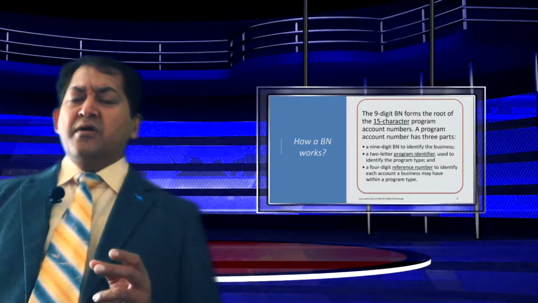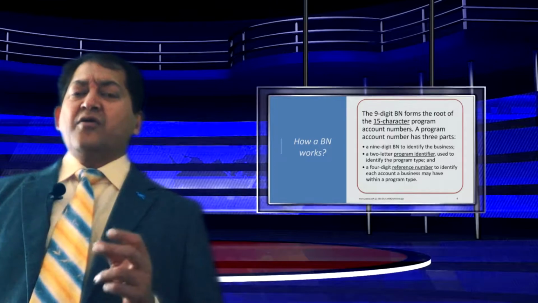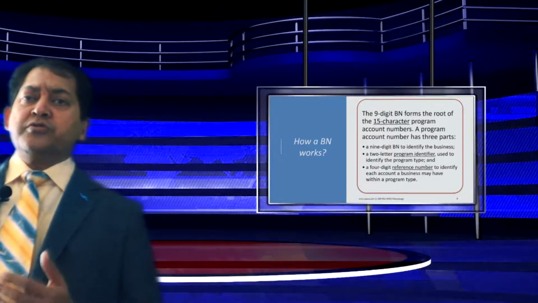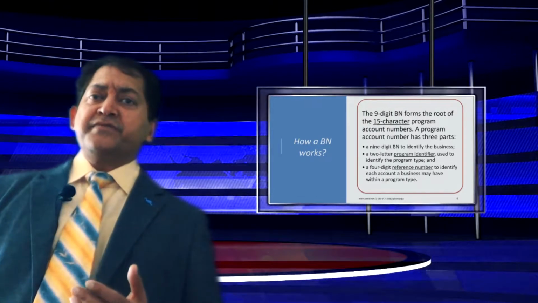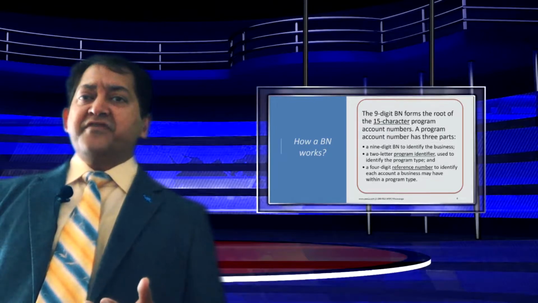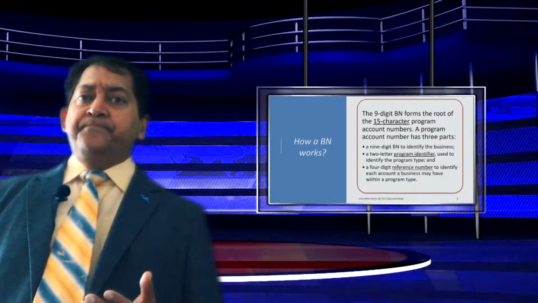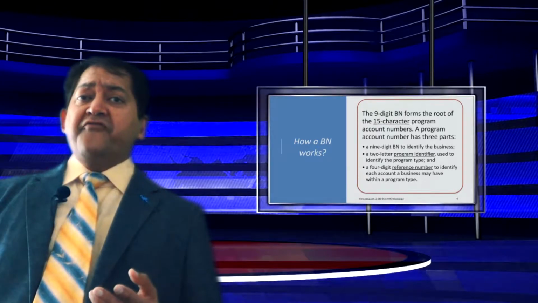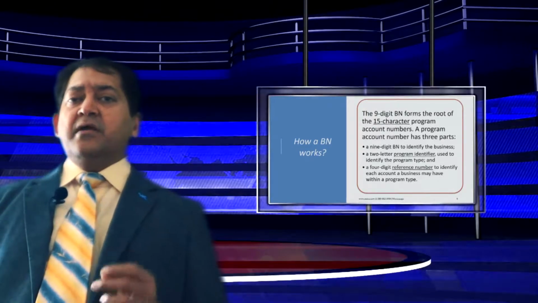Normally, there are 4 important program identifier codes that are used, but there are other program identifier codes also that you can access from the CRA website. And then the last 4 digits are called the reference number, and they are basically meant for identifying each account a business may have within a program or type.